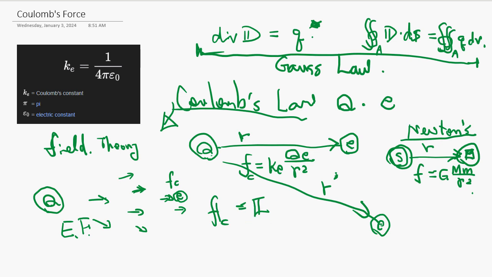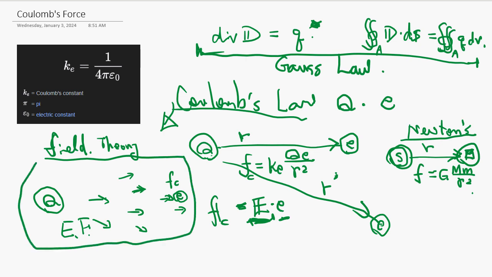Whatever the vector field is, times this charge is going to be the force. Why do you do this? Because field theory is very convenient to use, and it evolved into Maxwell's equations later.